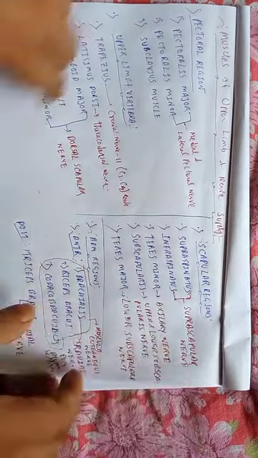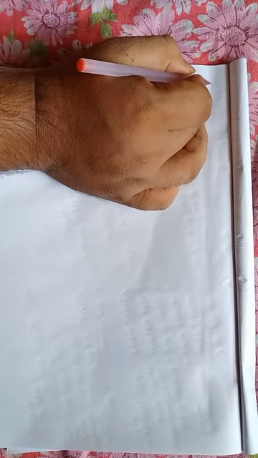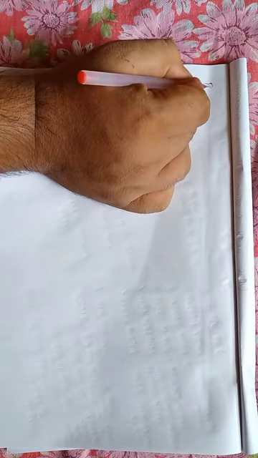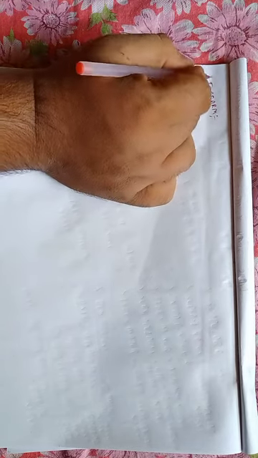Okay, guys, now we are going to talk about the forearm. Be with me. Within the forearm there are two parts: one is anterior and another is back.